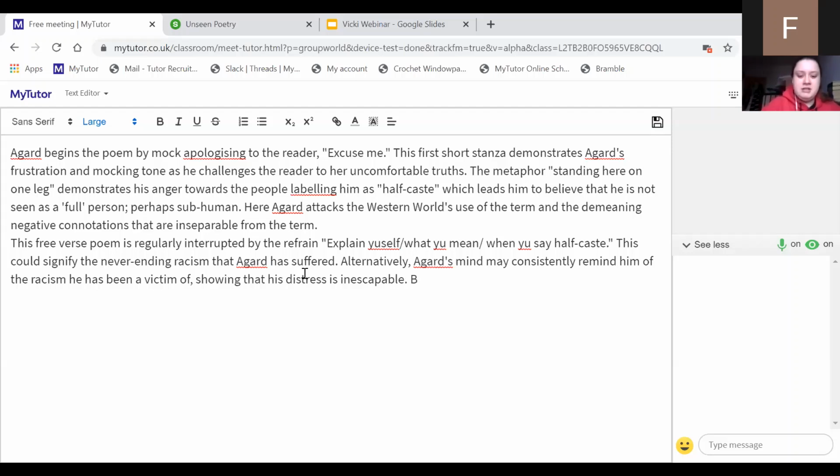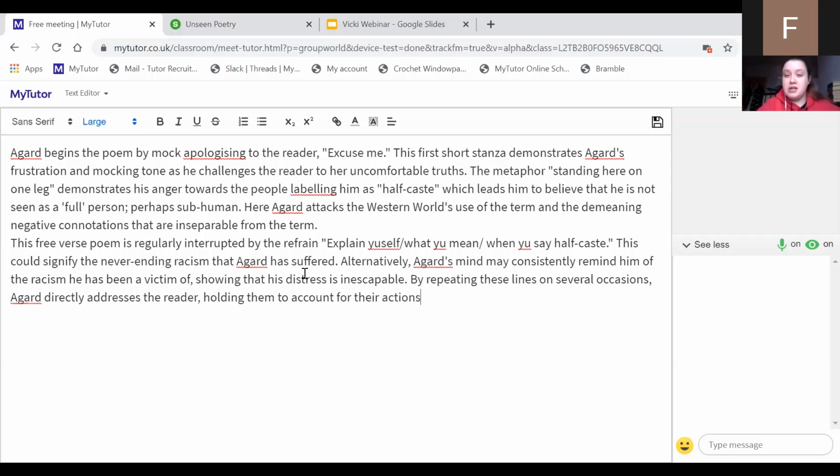Then I'm going to explain the effect of repeating it on several occasions now. So by repeating these lines on several occasions, Agard directly addresses the reader, holding them to account for their actions.